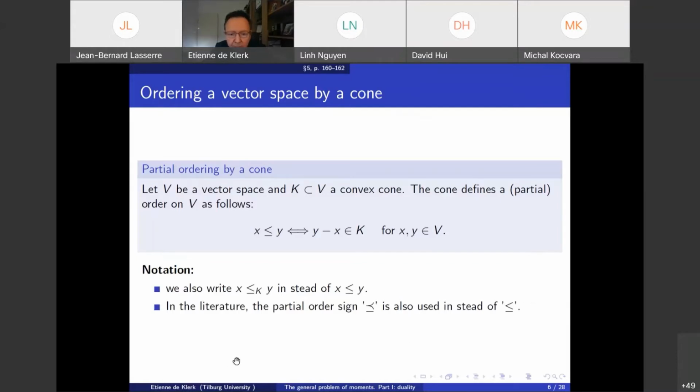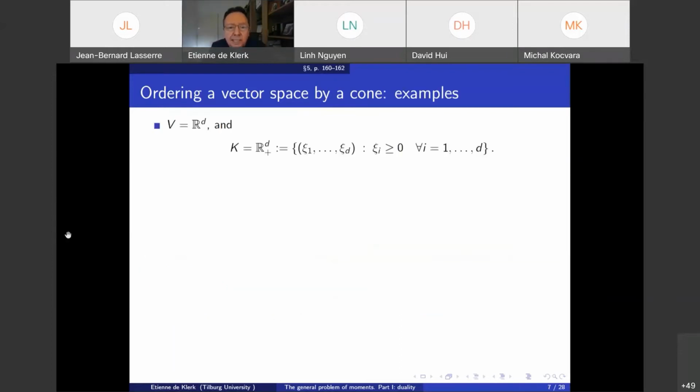In particular, I want to show one thing: if I want to say Y belongs to the cone, just look at X equal to 0. Reading from right to left, Y greater or equal 0 is the same as Y belonging to the cone. We will use that a lot. So greater or equal 0 just means it belongs to the cone.